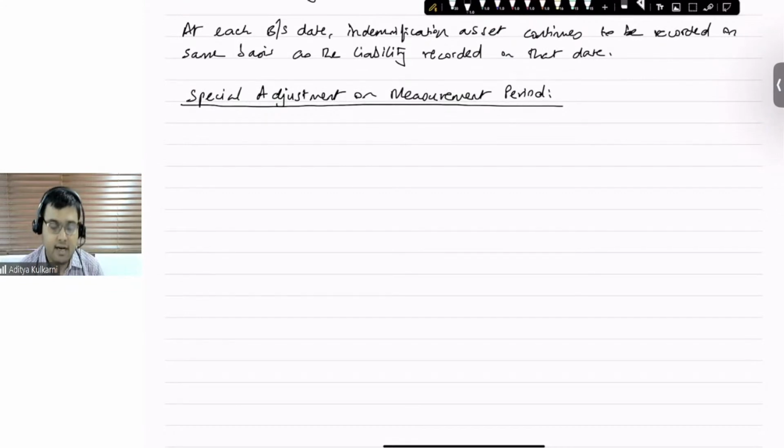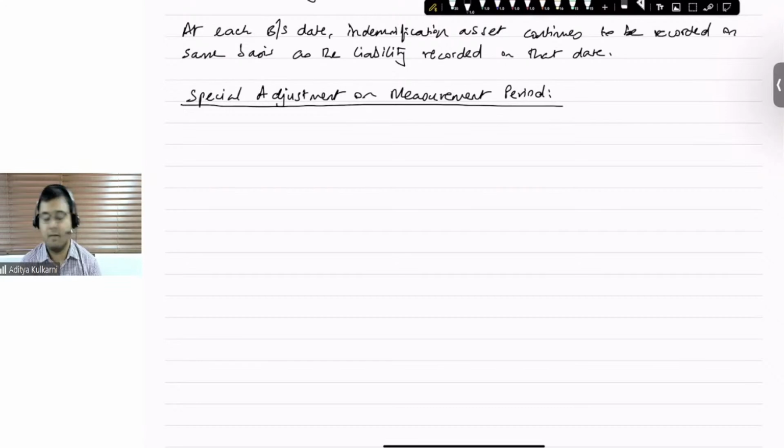But if the time limit expires, I cannot have a perpetual open window to change the goodwill. Be reasonable. 1 year is fairly reasonable after acquisition. You should get a complete idea of what is there, how the things are flowing, etc. over a 1 year period.